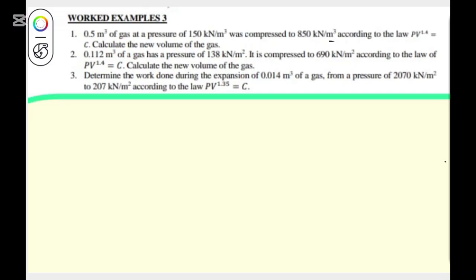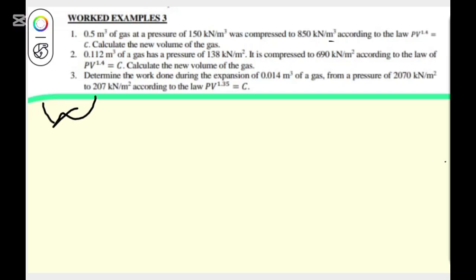Determine the work done during expansion of 0.014 meter cube of a gas from a pressure of 2070 kilonewton per meter square to 207 according to the law. So you have to take note that the formula of the work that we are going to use is for the polytropic.